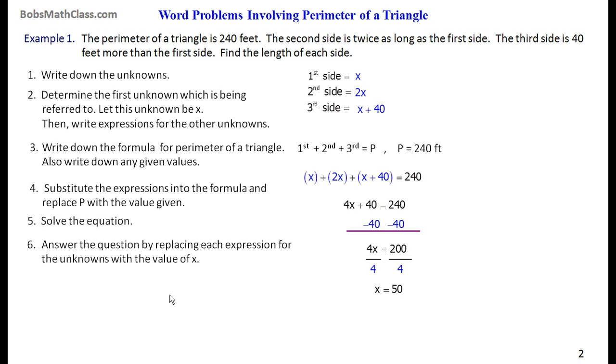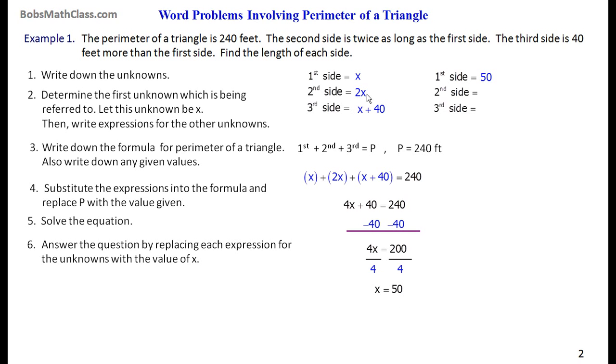Now we're not done. We need to answer the question by replacing each expression for the unknowns with the value of x. So take this 50 and replace it back here in the expressions for each x. That means our first side is just going to be 50. The second side is 2 times x.